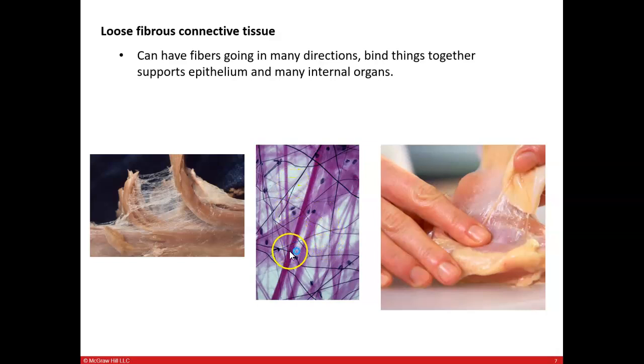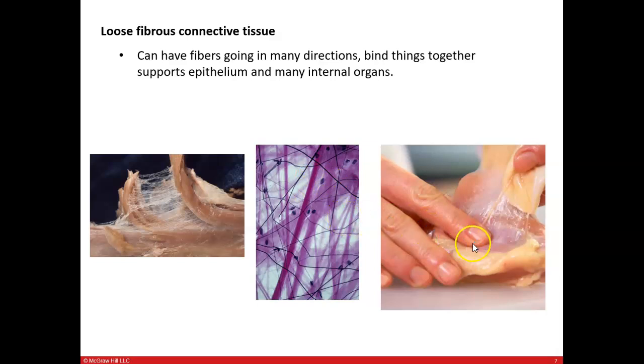So in this picture, these dots are the cells. Remember, they're connective tissue, so they've got stuff in between the cells, the matrix. And you can see, this is called loose fibrous connective tissue, so you can see there's lots of fibers. Okay, and so that's the matrix with the fibers and the ground substance in between.